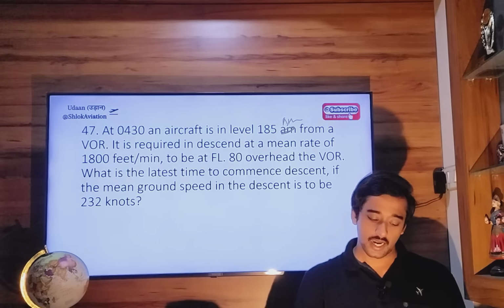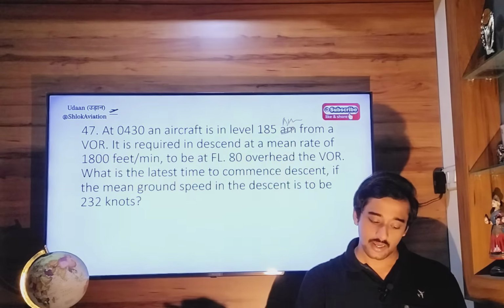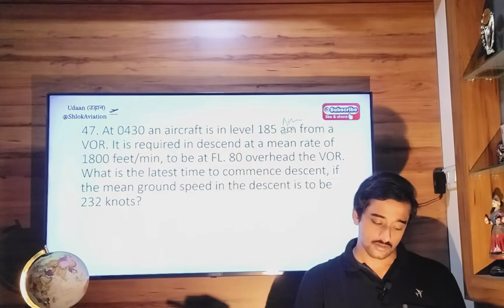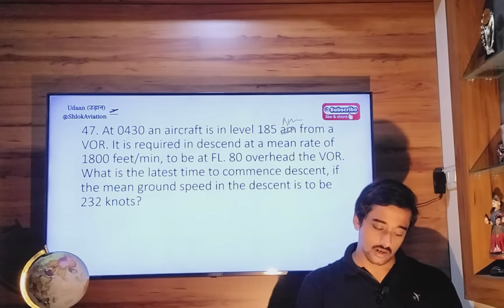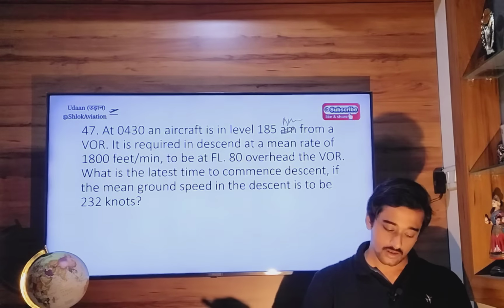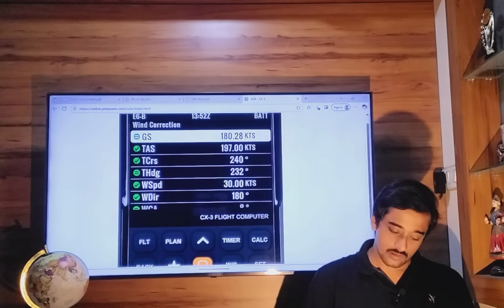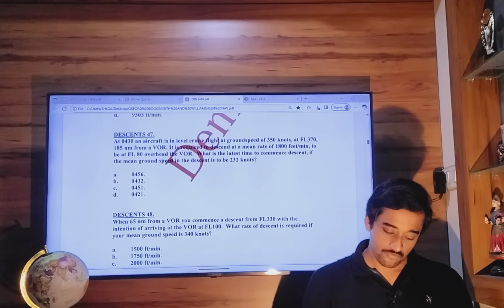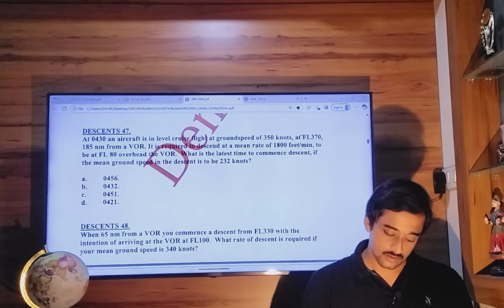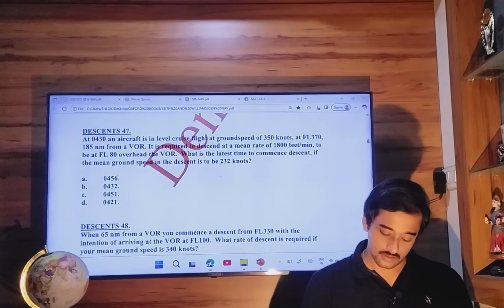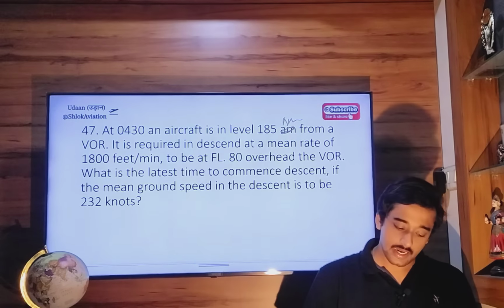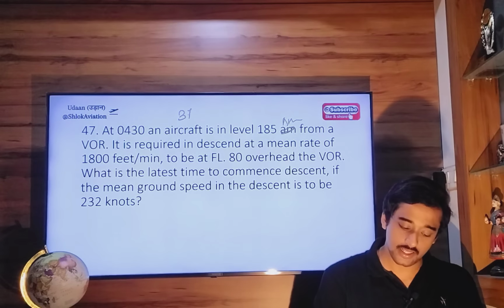It's required to descend at a rate of descent of 1800 feet per minute to be at flight level 80. So the aircraft is at flight level 370.